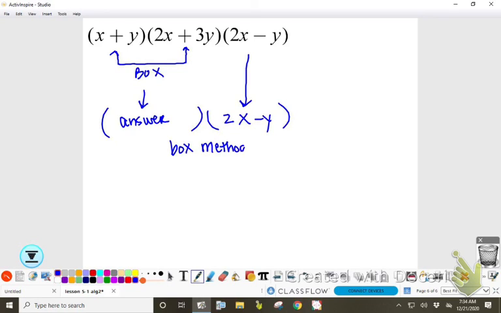Okay, so multiply the first 2 by using the box method, and then take that answer that you get for the first 2 multiplied by the next one using the box method. Now, there's 2 variables in here. There's x's and y's. So I'm just going to give you a little hint here.